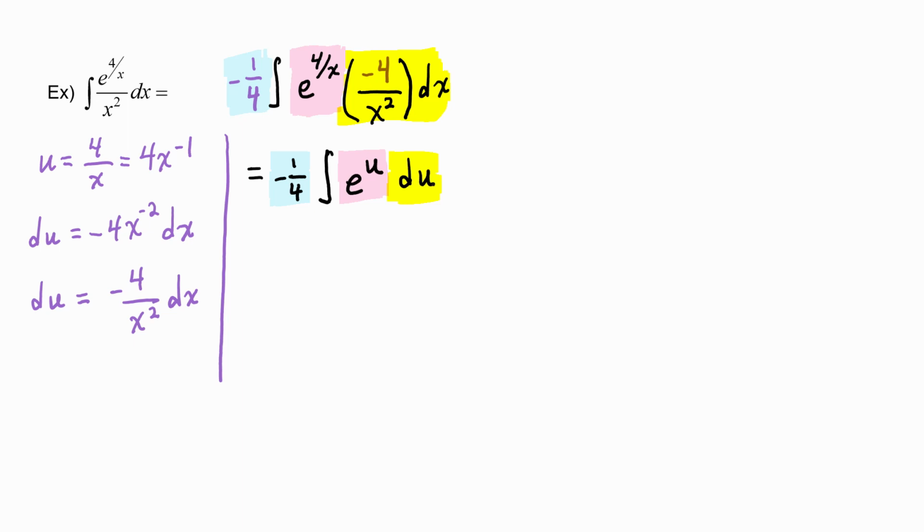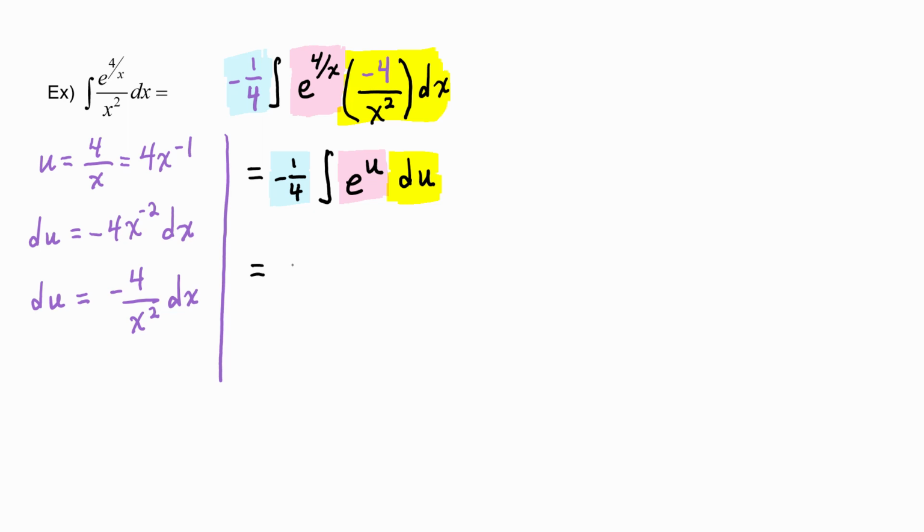And remember, you can only do that replacement if you have an equation that allows you to do that. We have an equation here that says du is exactly equal to negative 4 over x squared dx. That's why we are able to make that replacement.